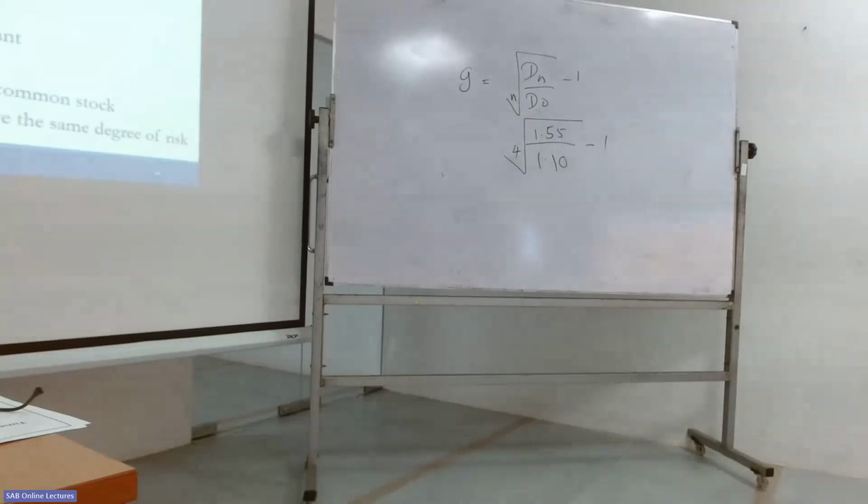Also we expect that very recently the company is not considering any new stock issue. Also we assume that the company's future projects or future investments have the same degree of risk as the company's average risk.